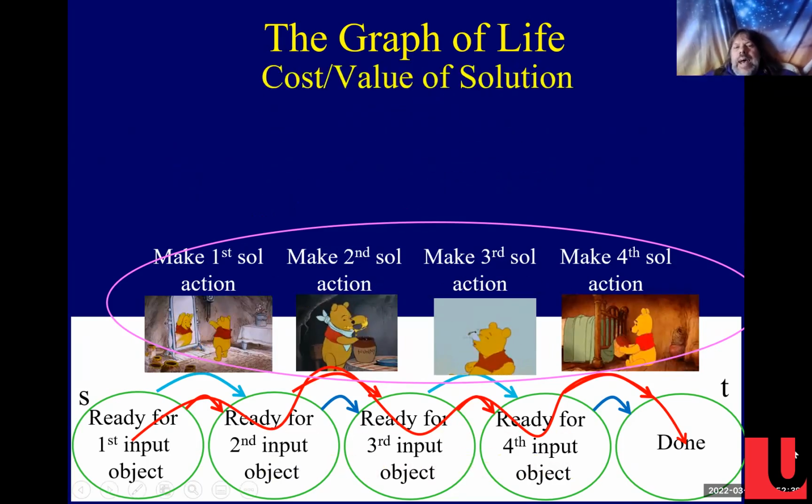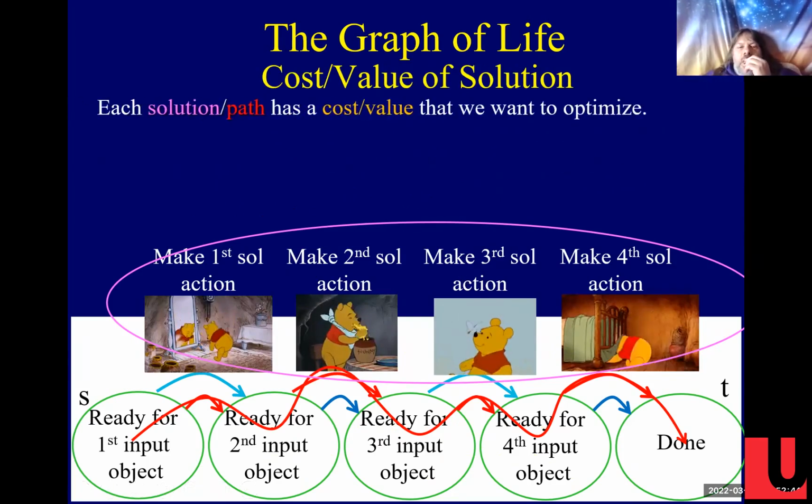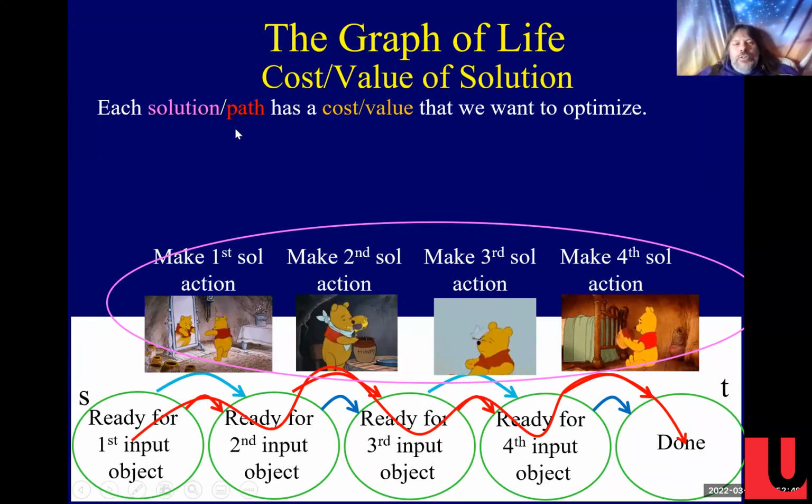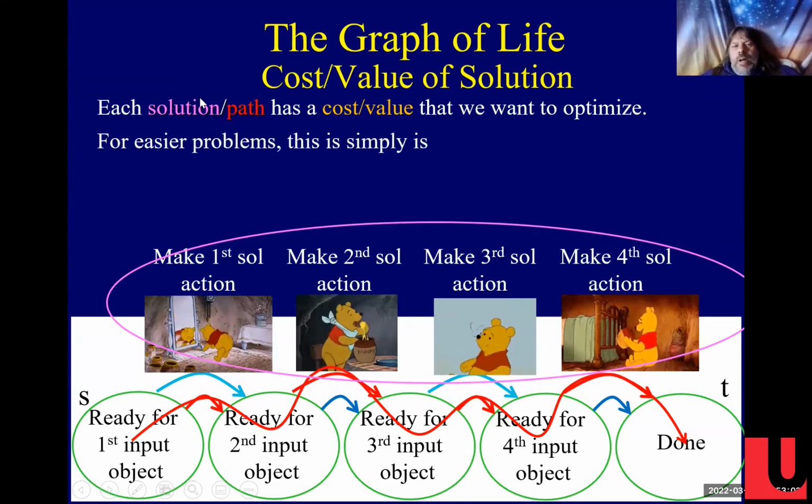All right. Now, remember, different solutions are going to have different costs. Each solution and path, remember, correspond to each other, and each one has to have a value, right? And our goal will be to find the optimal path, which is the same as finding the optimal solution, right?